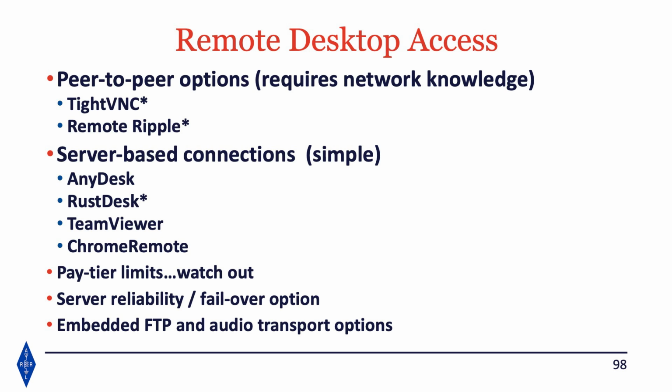And then the operator would launch a TightVNC viewer, which requires you to enter the IP address and the port associated with your remote site. And then it'll establish a connection, and you get a fully high fidelity rendition of what's available out at the site.